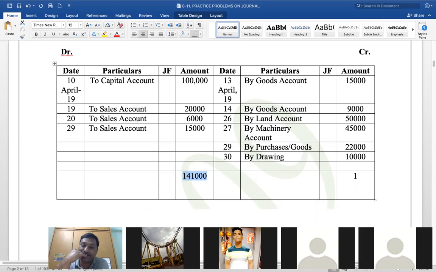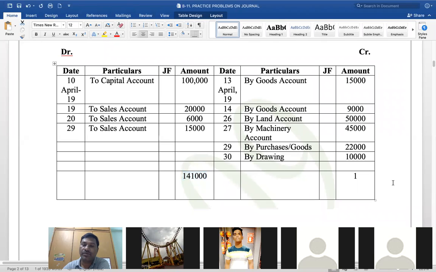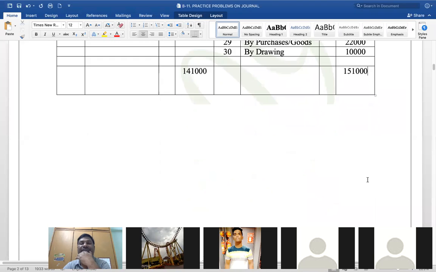On the credit side? 1,51,000. So there are some more items that we have missed.